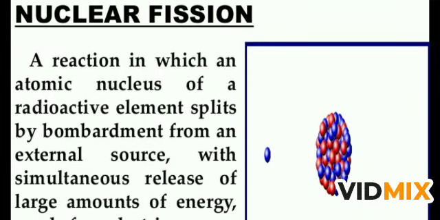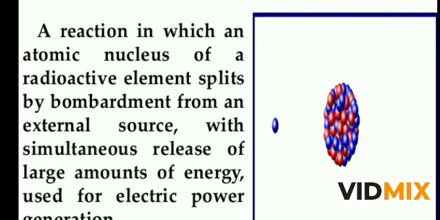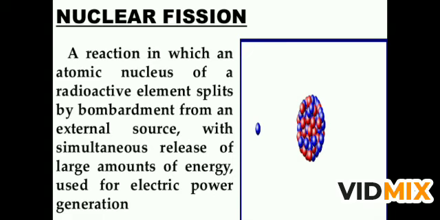So nuclear fission is a reaction in which an atomic nucleus of a radioactive element splits by bombardment from an external source with simultaneous release of a large amount of energy, used for electric power generation. In this figure, there is a particle approaching the nucleus, and it will give some energy to bombard it.